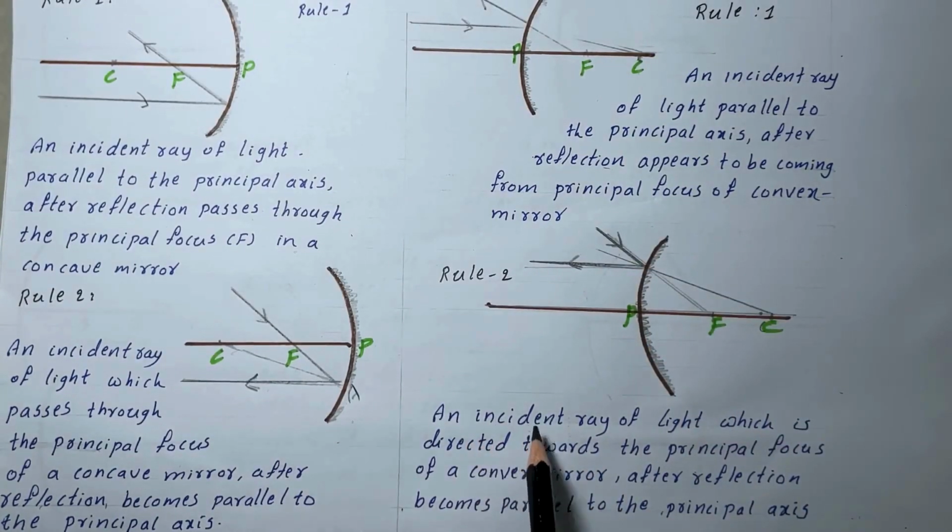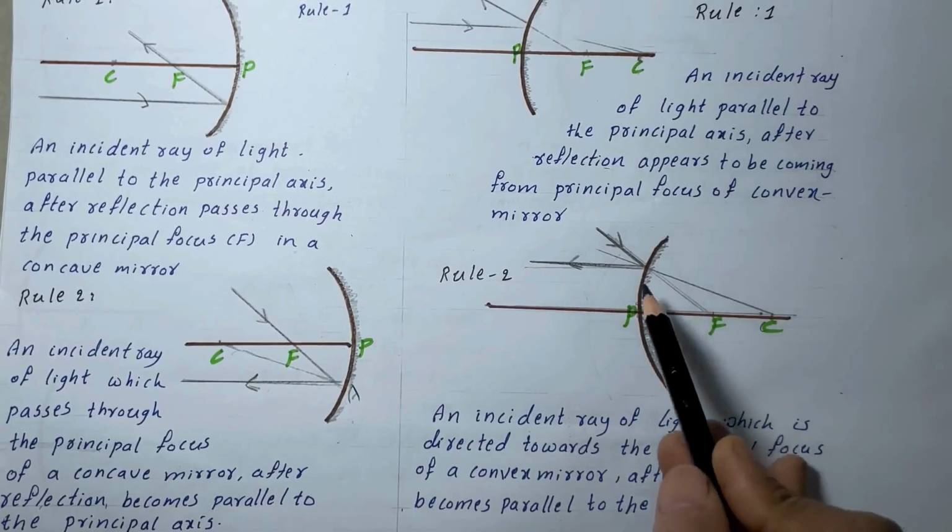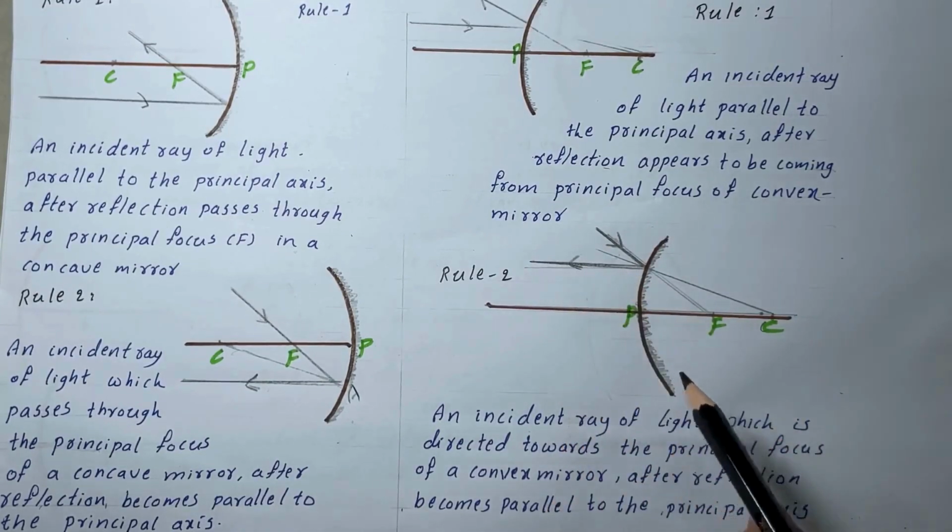An incident ray of light which is directed towards the principal focus of a convex mirror after reflection becomes parallel to the principal axis. This is the second rule.